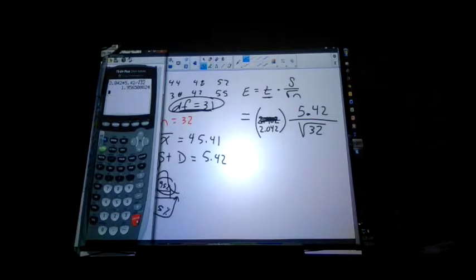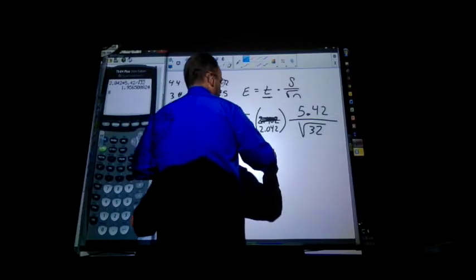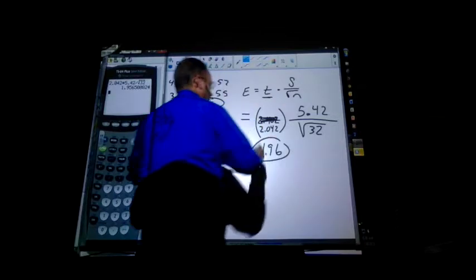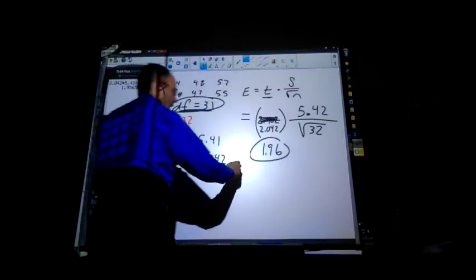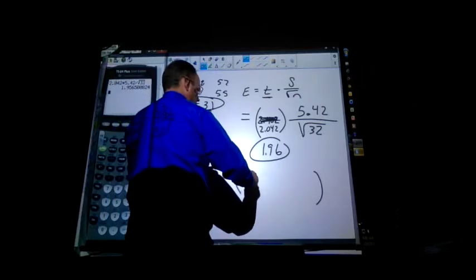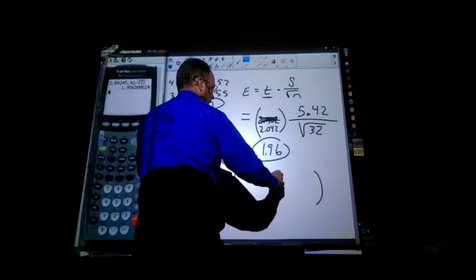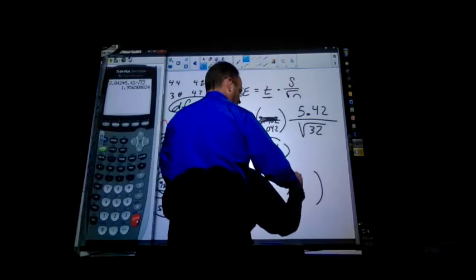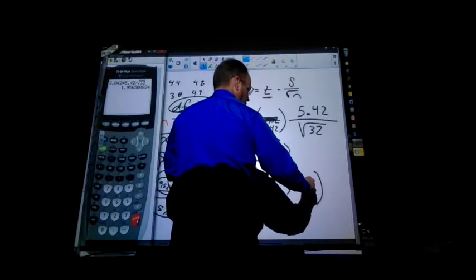Enter. So 1.96. Is that okay? So now for my confidence interval, I'm going to go 45.41 minus 1.96 and 45.41 plus 1.96.